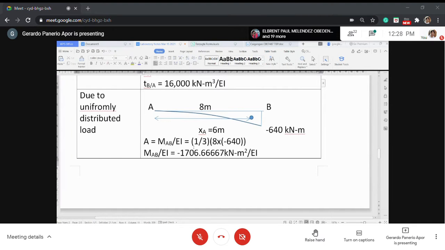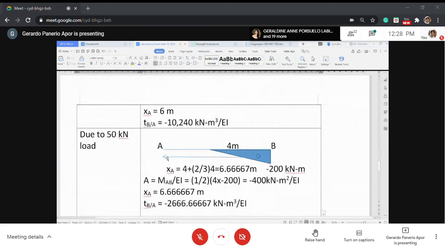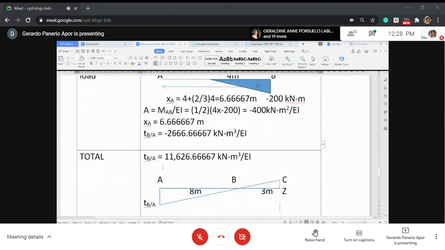Since there are three moment diagrams, the sum of all, the total, will become positive 11,626.6667 kilonewton cubic meter over EI.